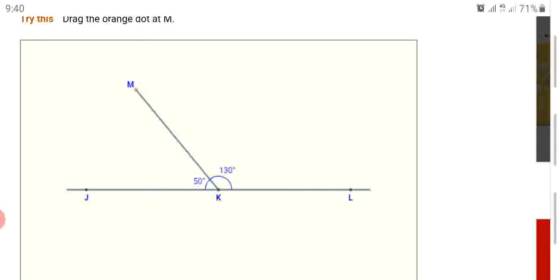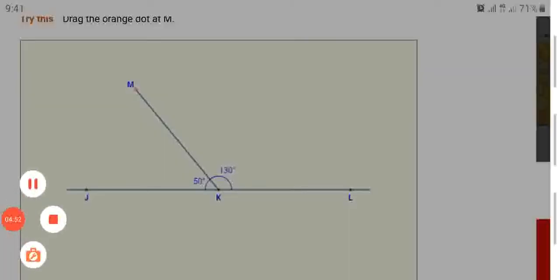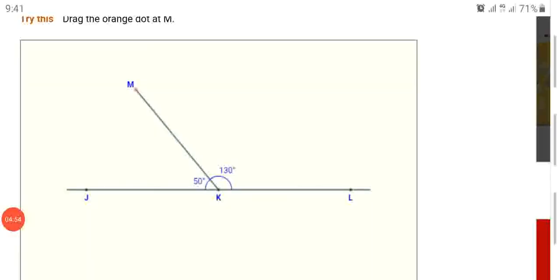That means the sum of any linear pair is 180 degrees. Here when we move it to the left side, the small angle decreases, then the big angle increases correspondingly. Look here, it is 20 degrees, then the big angle is 160 degrees, the sum is also 180 degrees.